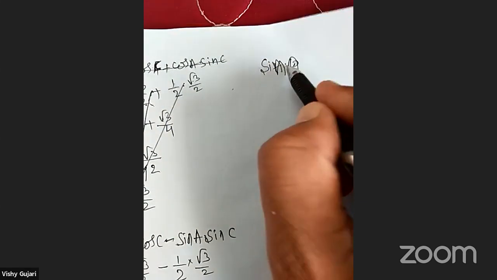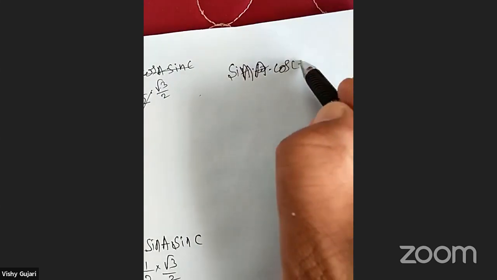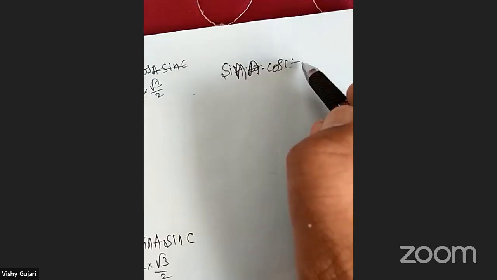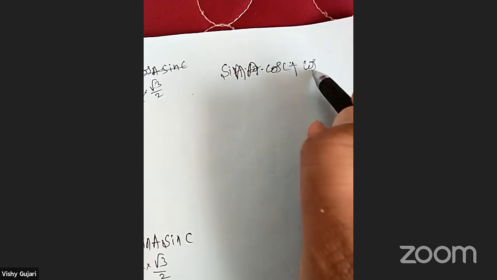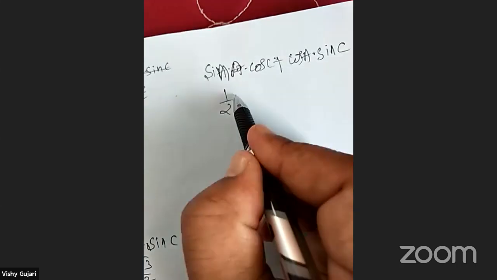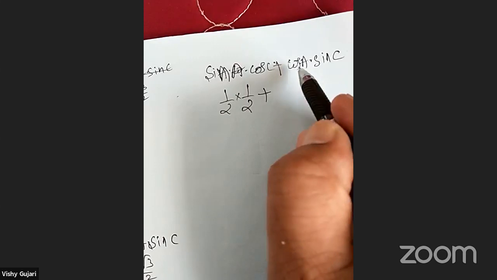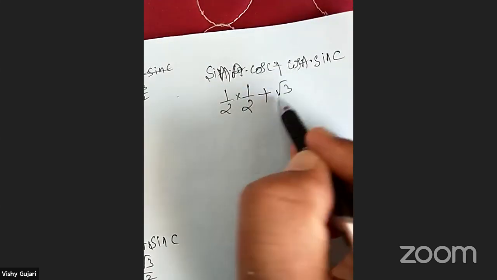Sin A cos C plus cos A sin C. What is sin A? 1 by 2. Cos C, 1 by 2. Cos A, root 3 by 2.